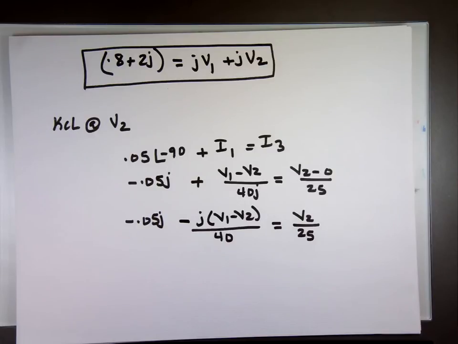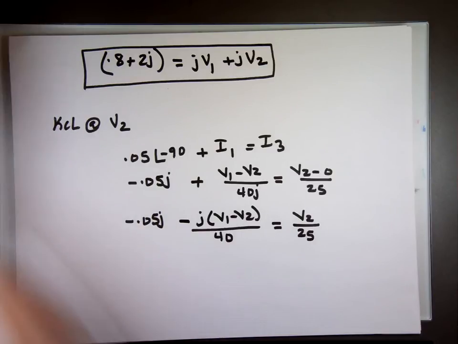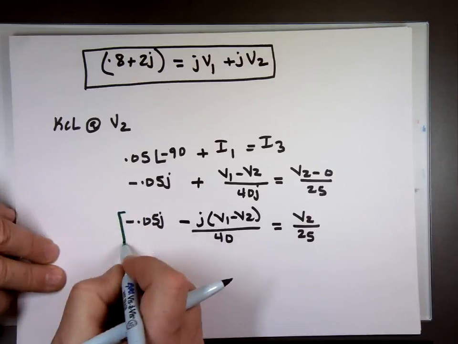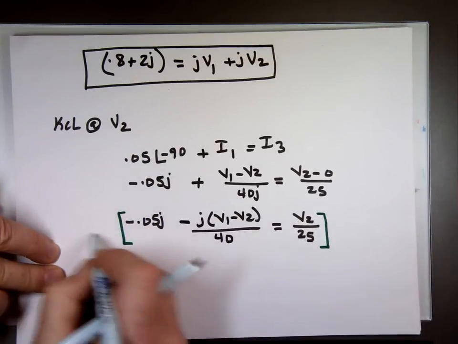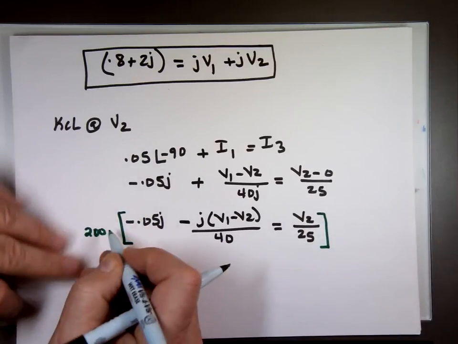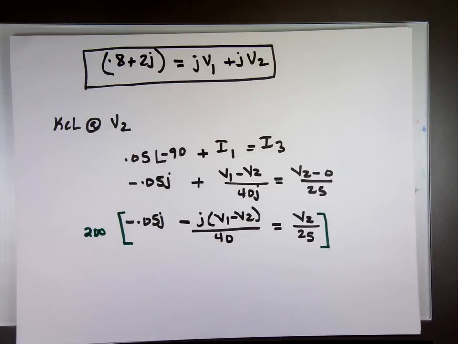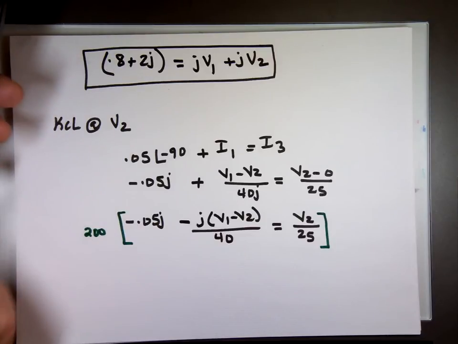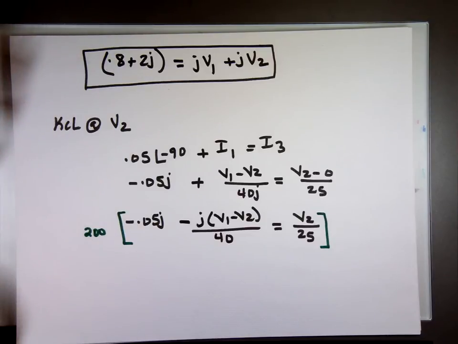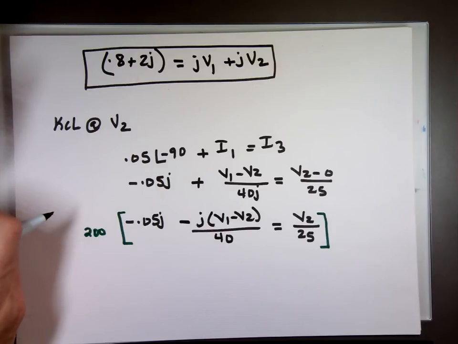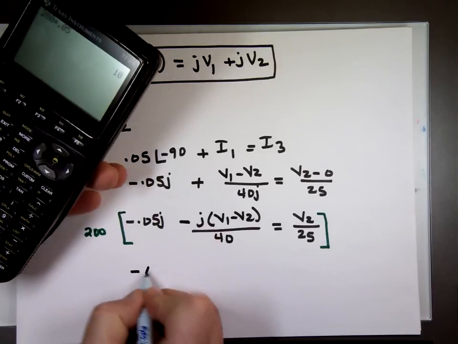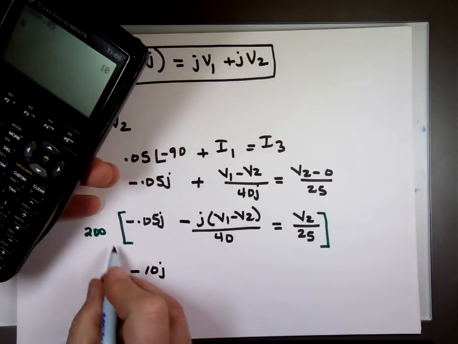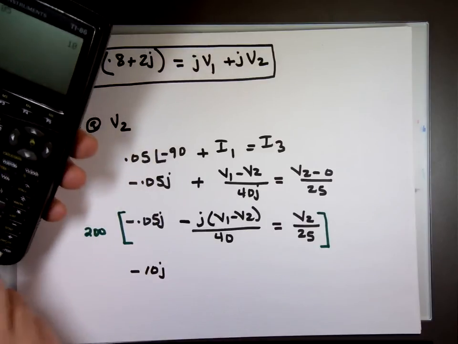So if I take this equation and multiply it by 200 to get rid of the fractions, 200 times 0.05, that's negative 10j. 200 divided by 40 is 5.